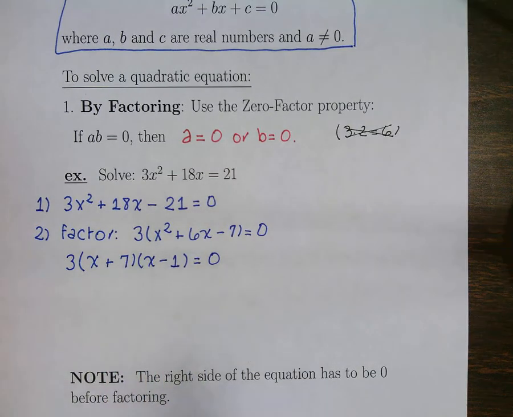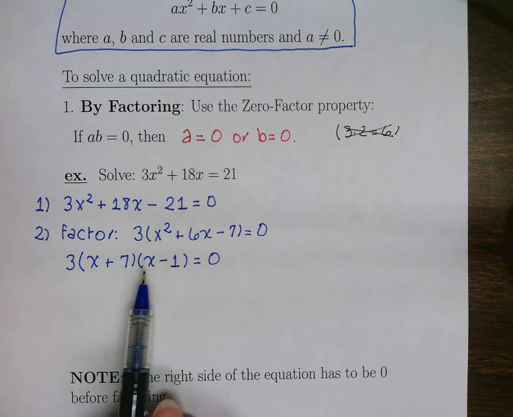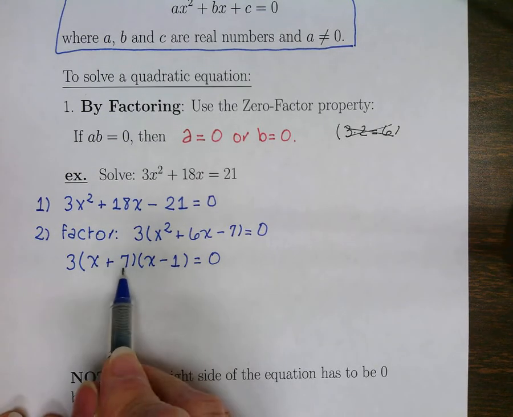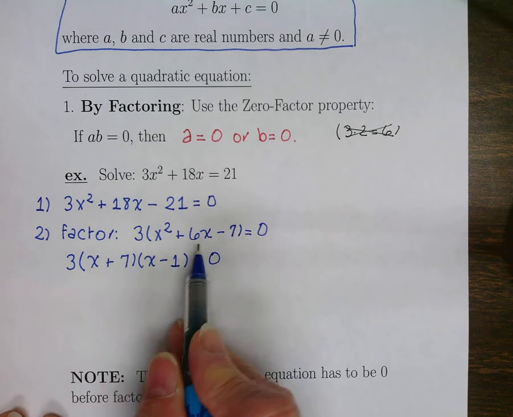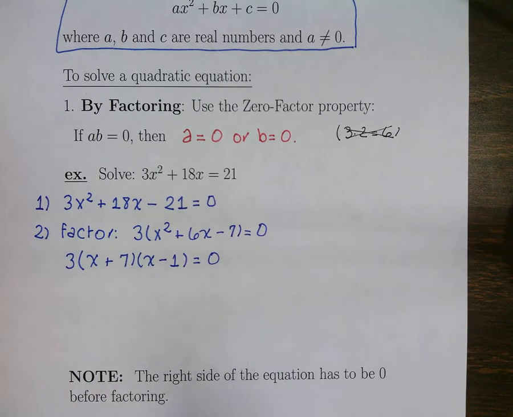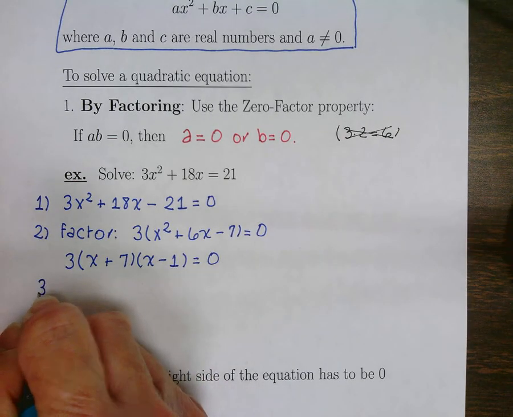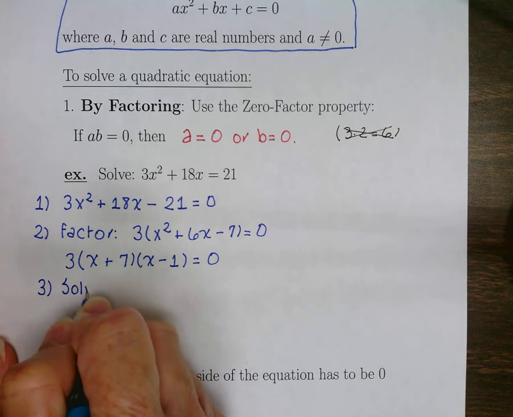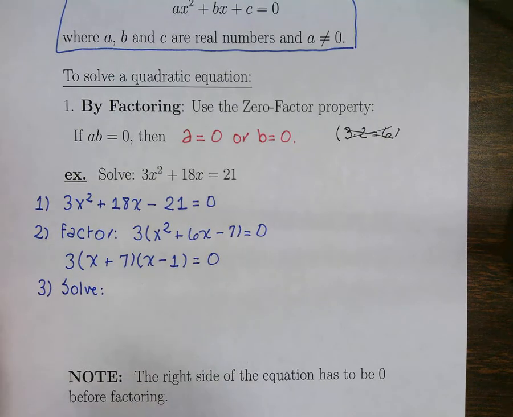Now, double check your multiplication. Make sure I get plus 6x, plus 7 minus 1 does give me the right middle term and the right third term. If your factoring's wrong, obviously your solution will be wrong. Okay, and then we solve it by setting each variable factor equal to 0.